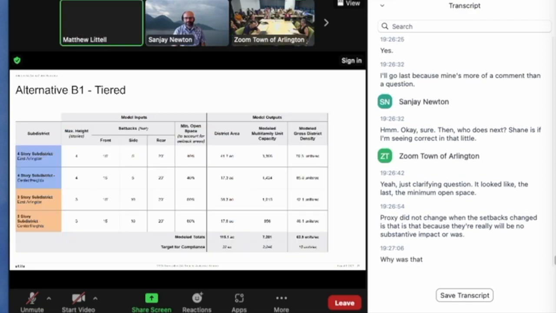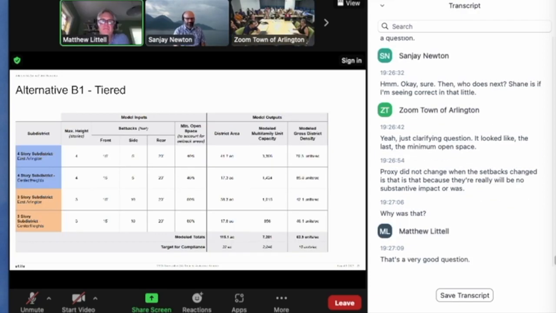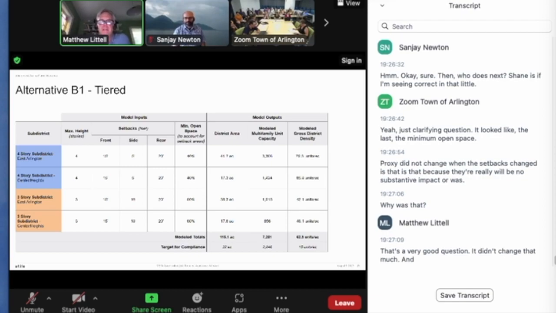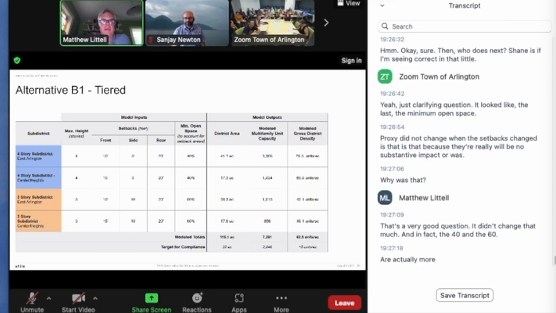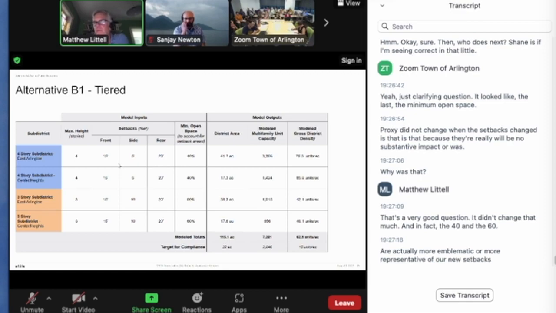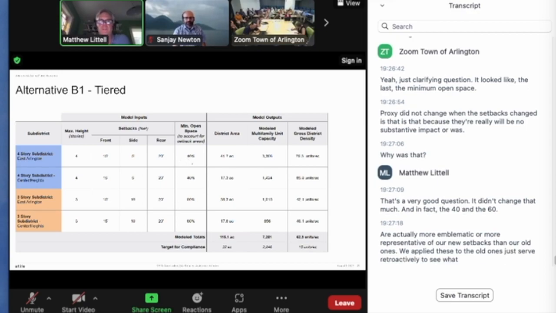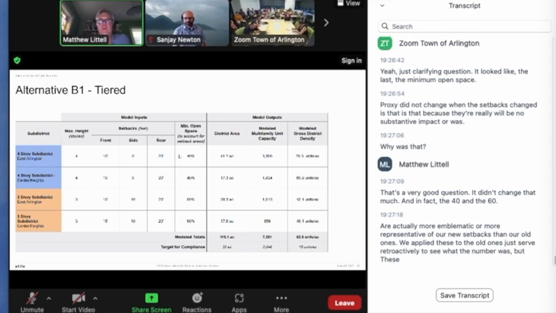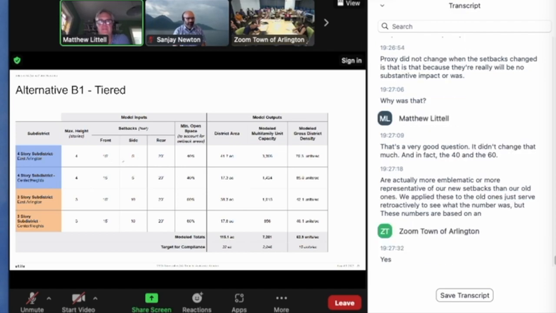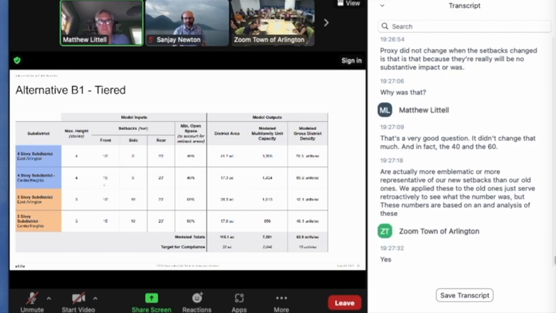That's a very good question. It didn't change that much, and in fact, the 40 and the 60 are more representative of our new setbacks than our old ones. We applied these to the old ones retroactively to see what the number was, but these numbers are based on an analysis of these particular setbacks, 15 feet and 5 feet.